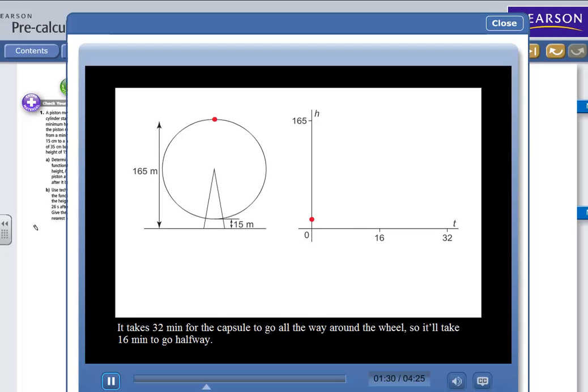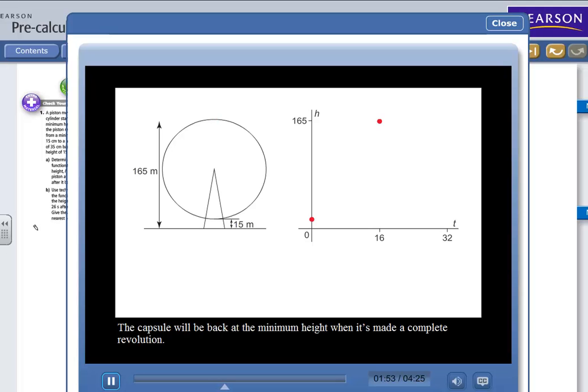It takes 32 minutes to go all the way around the wheel, so it'll take 16 minutes to go halfway. So, when time is 16 minutes, the height is 165 meters. I'll plot a point at 16, 165. This is a maximum point on the graph.